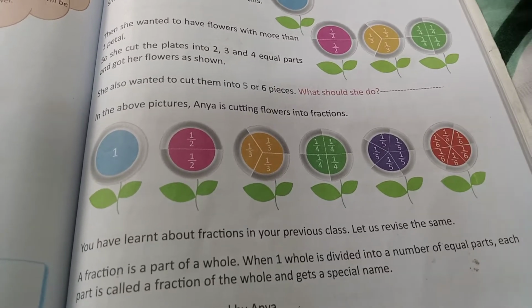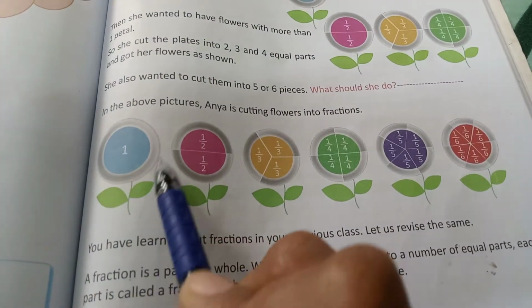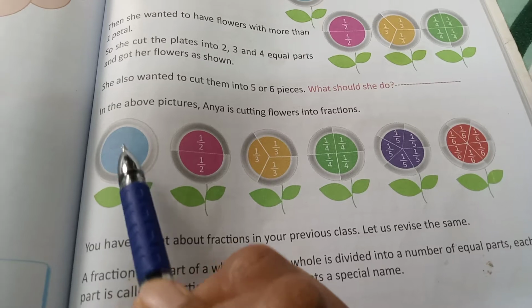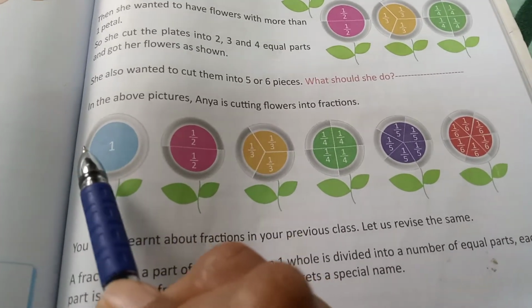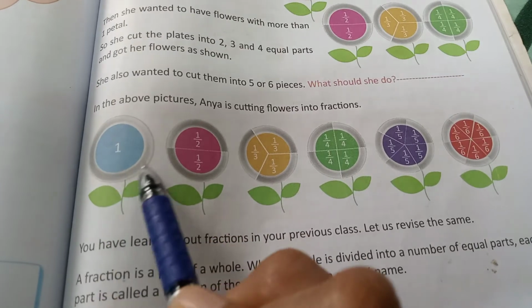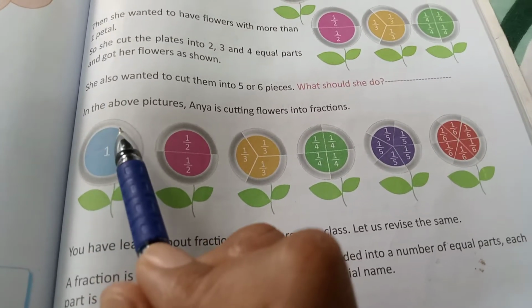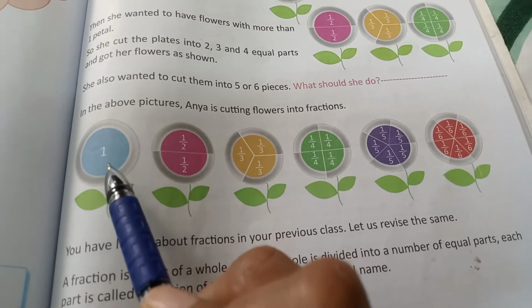If I'm talking about this circle, this is a whole circle, so we will represent it by 1. This is 1, meaning this whole. Now I am dividing this whole circle into two equal parts.